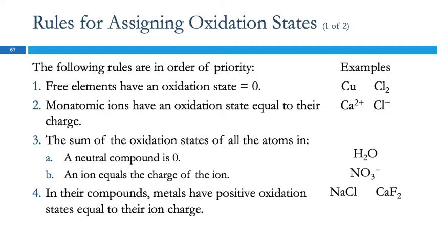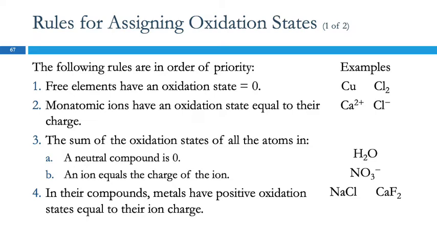As with actual charges in ionic compounds, if you have a neutral compound, the sum of all the oxidation states has to add up to 0. And if you have an ion, like nitrate ion, then the oxidation states of the nitrogen and the 3 oxygens are going to add up to -1.